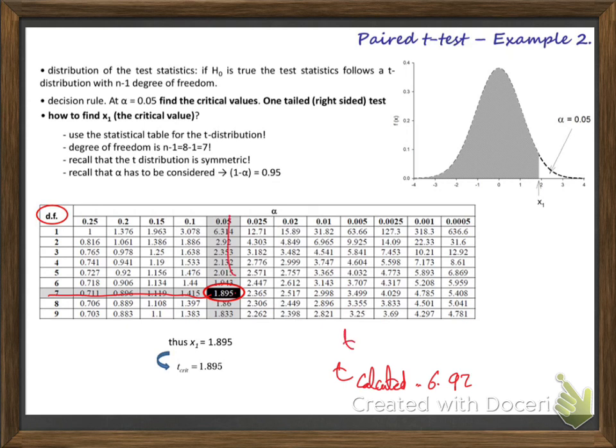So T critical equals 1.895. What about 6.92? It will be very far, so it's already inside the rejection zone. So H naught is rejected.